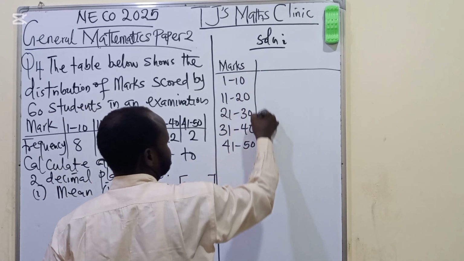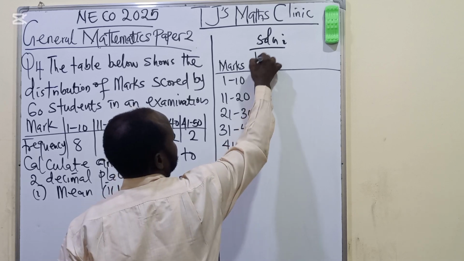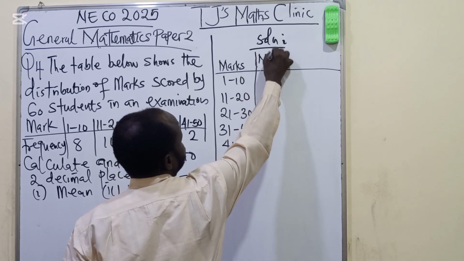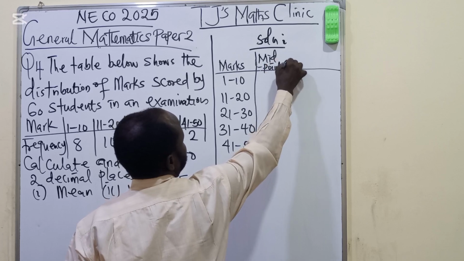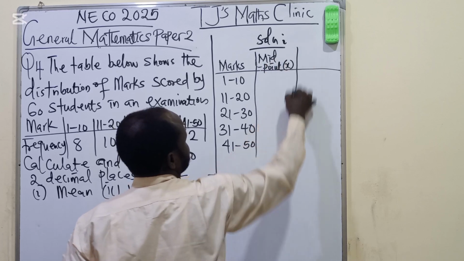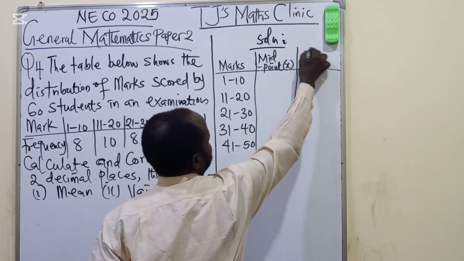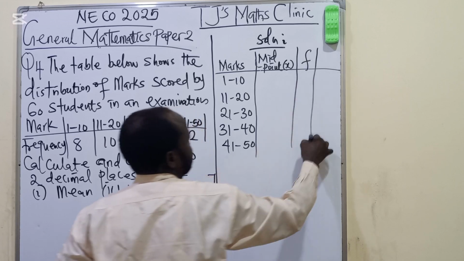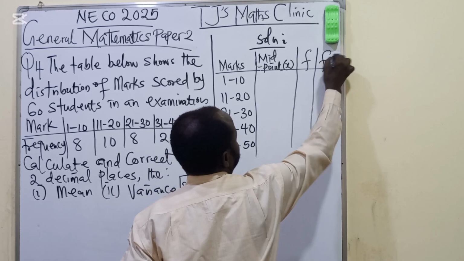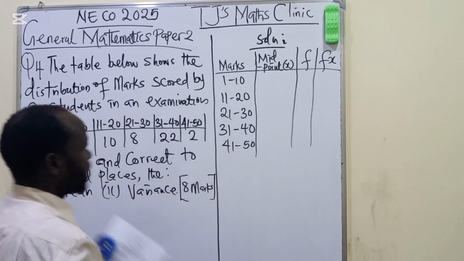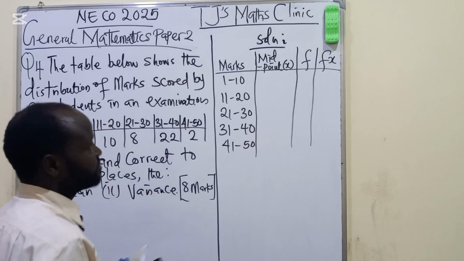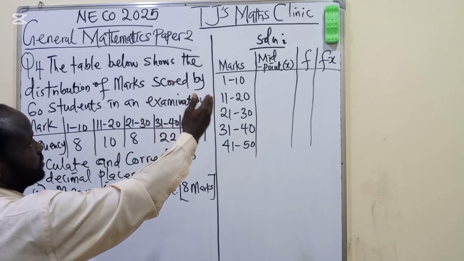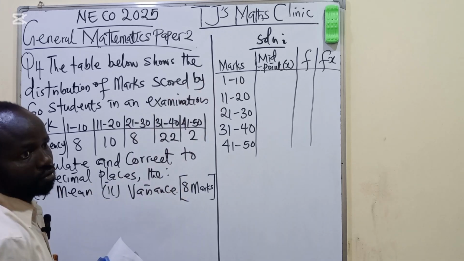So let's find the midpoint, which is our x value. Then we have the frequency now. Then we have, of course, fx for the mean. Then for variance, we'll add some columns. But to find the mean, we need 1, 2, 3, 4 columns.